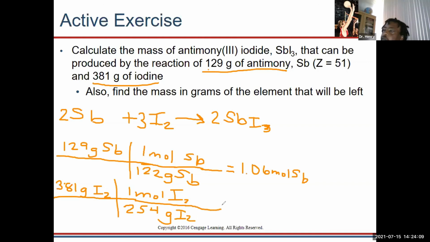Okay, now I said I want to compare apples to apples. In other words, I want to compare the antimony that I actually have to the antimony that I would need if I use the iodine. So what is the mole to mole ratio of Sb to iodine? 2 to 3. That's right. So for every 3 iodine, I have 2 moles of Sb.